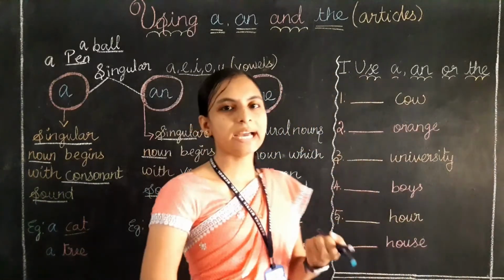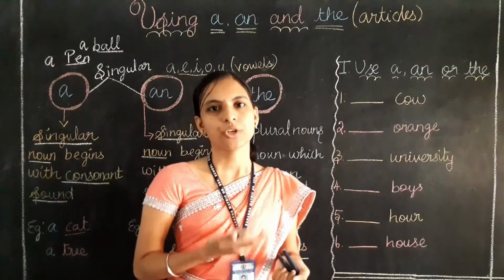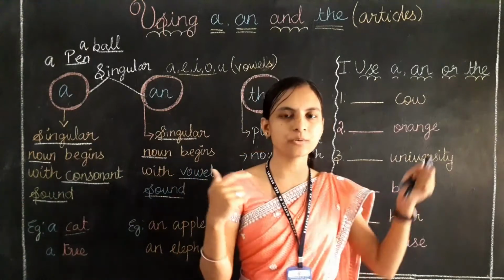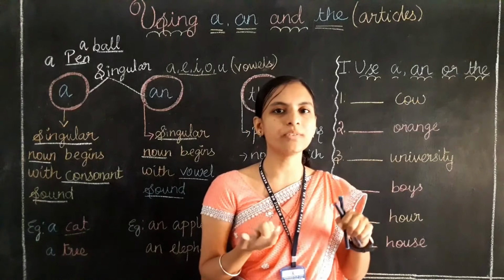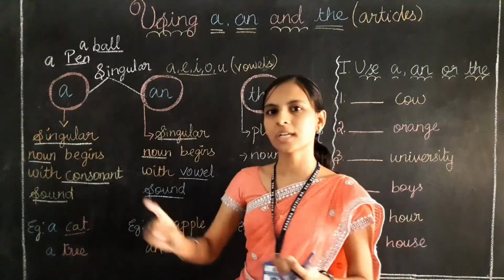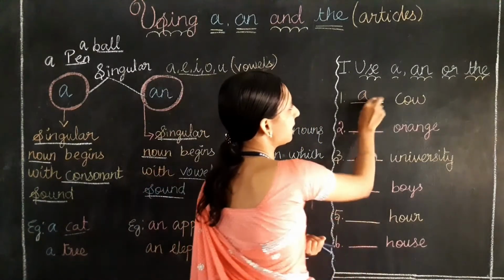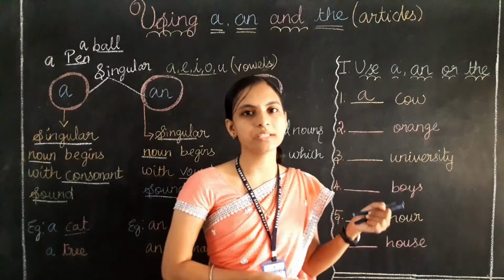So let's do it. Dash cow. Here the word cow is a singular noun, so article a or article an can be used here. But you have to find out whether it starts with a consonant sound or a vowel sound. Cow, that is a consonant sound. So which article do I need to write? Yes, article a. Dash orange.